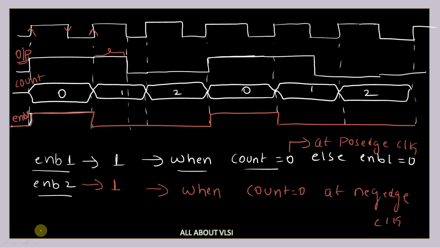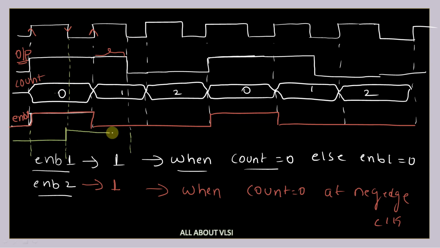Okay, now how is your enable 2 signal going to look, let me erase this. Your enable 2 signal is going to become high whenever your count is equal to 0 at a negative edge. Your count is equal to 0 at this edge and you have a negative edge. So up to here your enable 2 will be 0 and here your enable 2 will become 1, and at the next negative edge it will become 0.